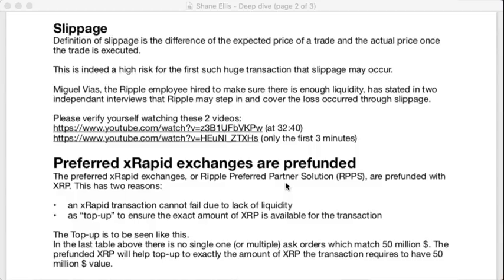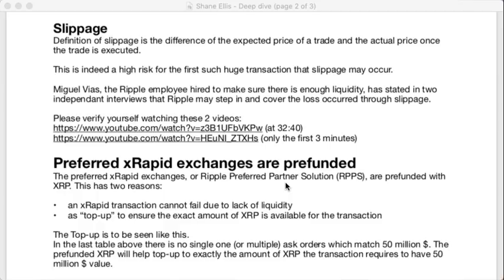However, I have found 2 videos and I have provided links in the accompanying PDF with Miguel Vias. Miguel Vias has been employed by Ripple to make sure there will eventually be enough liquidity on the market.